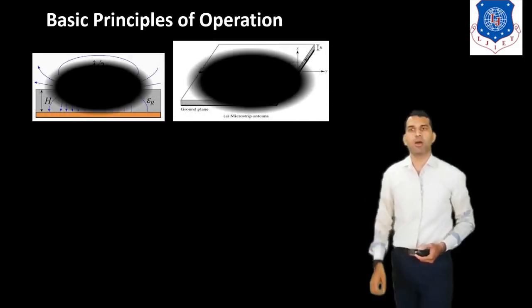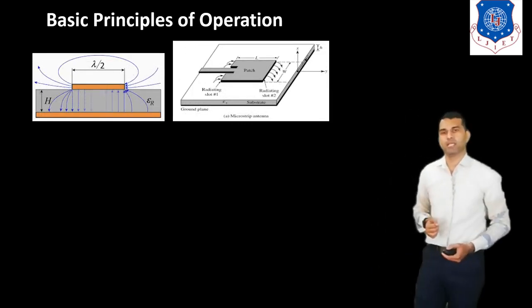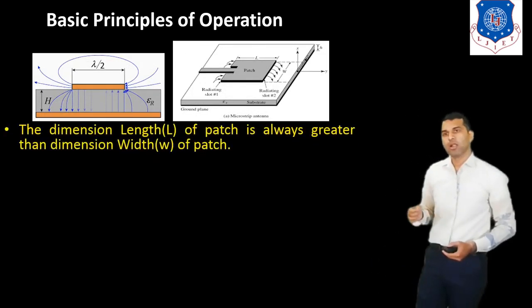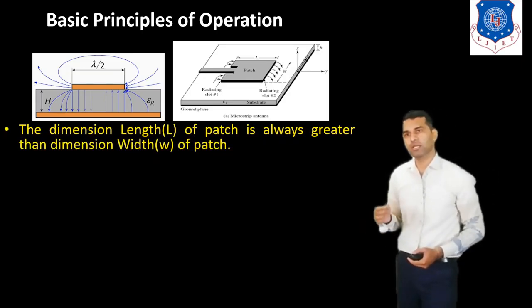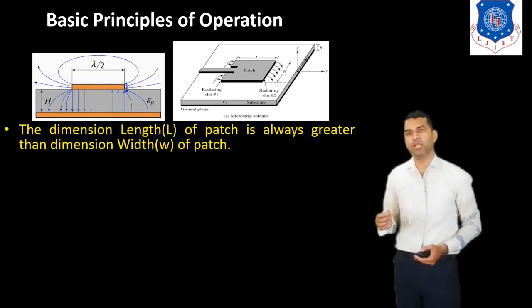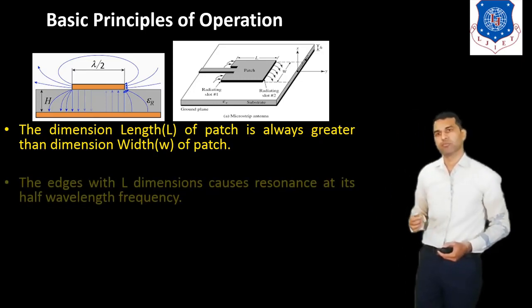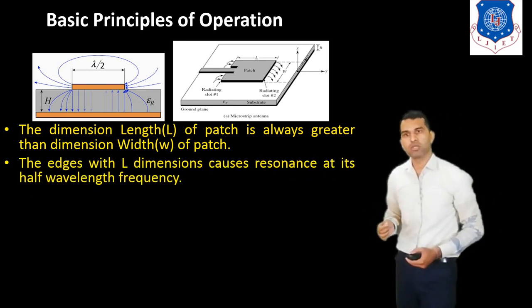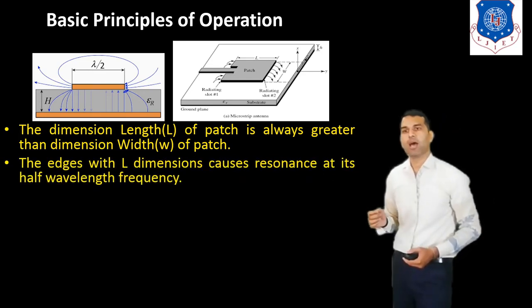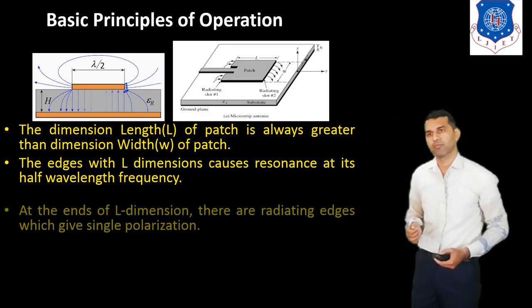Now the basic principle of operation of the patch antenna. The dimension length L of the patch is always greater than the width W of the patch. The edge with the L dimension causes resonance at its half wavelength frequency.